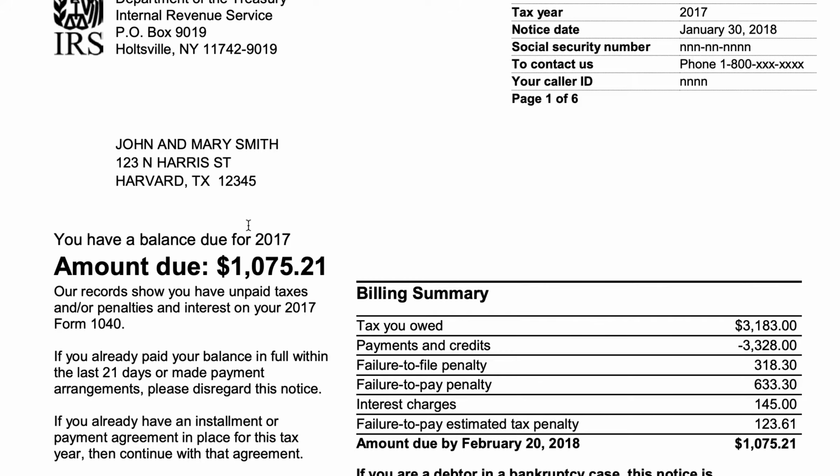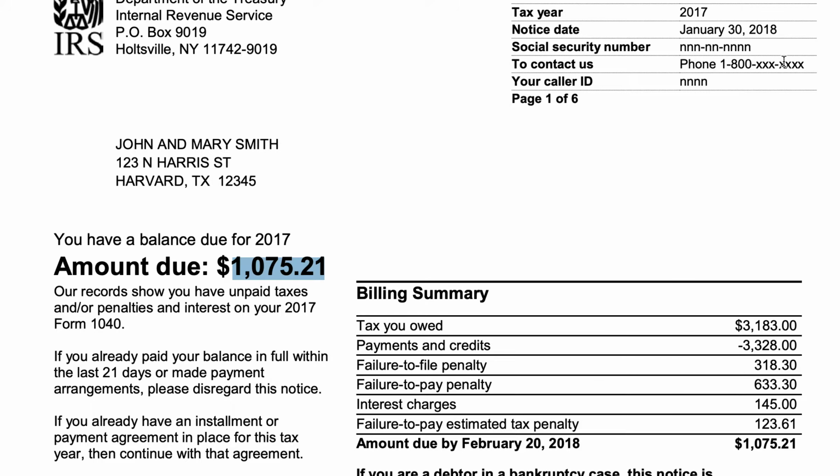In this case, John and Mary Smith have back taxes that they owe in the amount of $1,075.21 from their 2017 tax return. This was a notice as of January 30th, 2018.